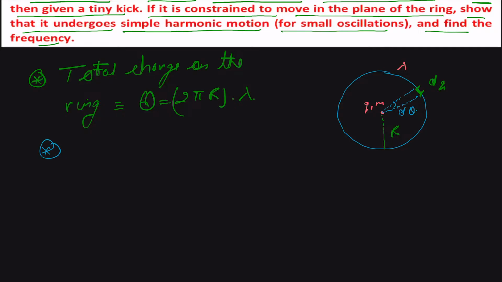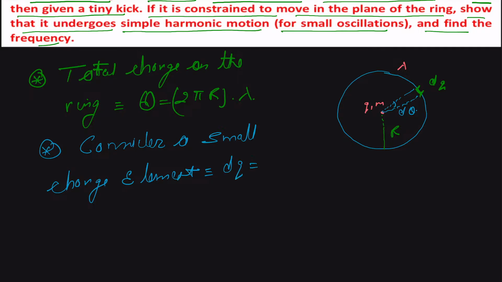So we consider a small charge element, and that charge element is our dq. Then this dq will be equal to lambda times r multiplied by d theta.